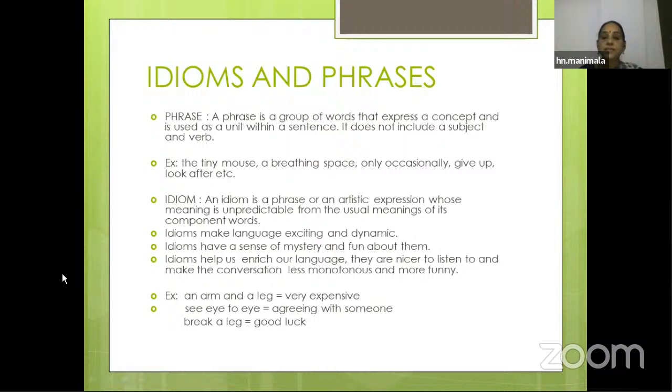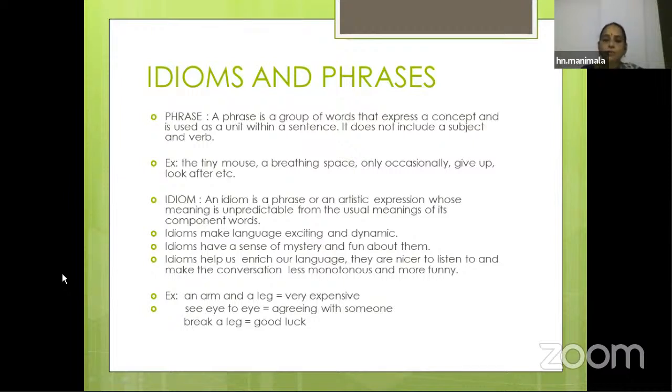There are different kinds of phrases, but a finite verb will not be there. I think all of you know what finite verbs are: the verbs which decide the tense of the sentence. That will not be there in a phrase. So what are the phrases?